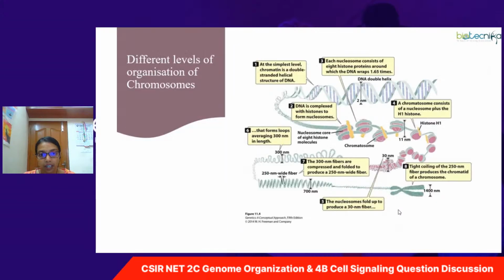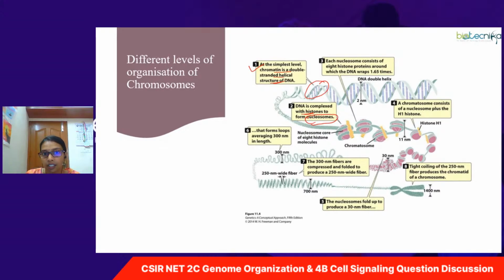Okay, so let's look at how exactly the organization takes place. You can look into this image. At the simplest level, chromatin is considered to be a double helical structure of DNA. So this is your double helical structure of DNA. Now, when this DNA is complexed with histones, it becomes your nucleosomes.